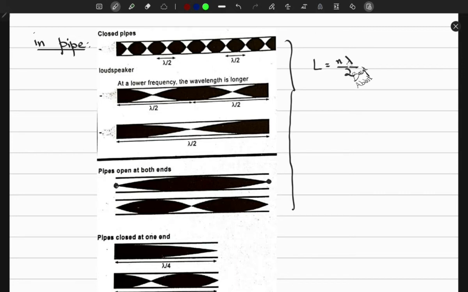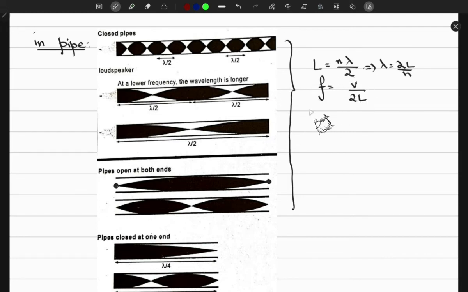The length of the pipe is given by this expression, from which you can write lambda as 2L by n. That's the wavelength that would be produced in these types of pipes. Hence the frequency in these pipes would be given by V over 2L, where V is the speed of the waves inside these pipes.